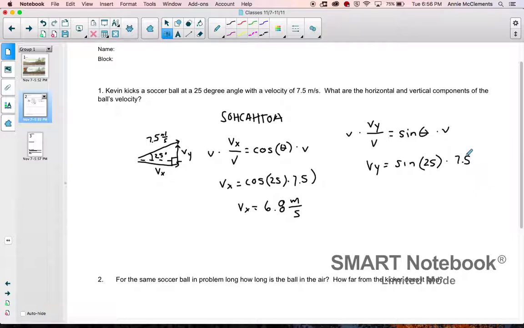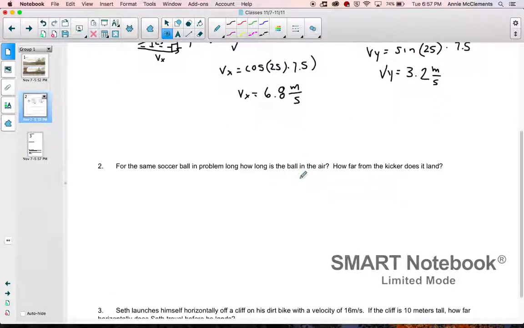Plug that into your handy dandy calculator. You should get Vy equals 3.169, 3.2 meters per second. Okay, so that's what I got. Feel free to fight me on it, but I think that's right. And that's what I'm going to use for number 2.